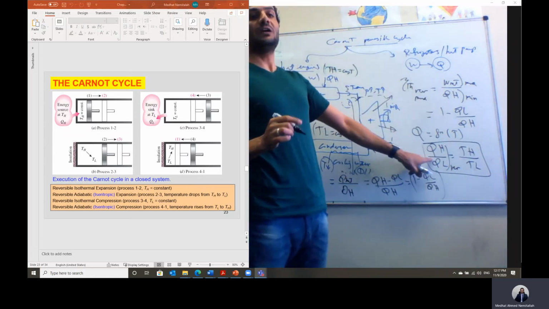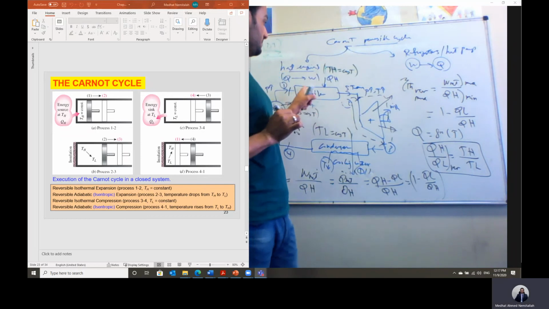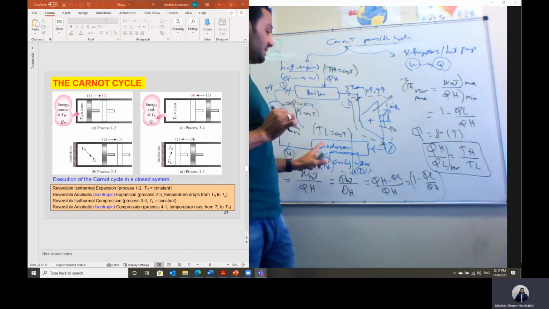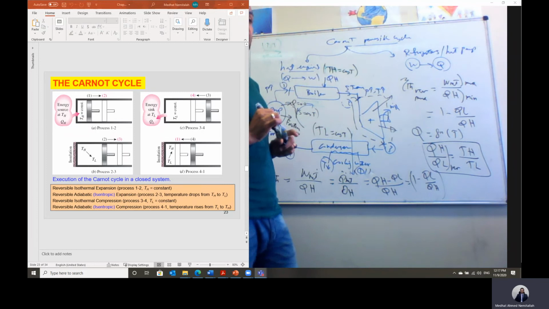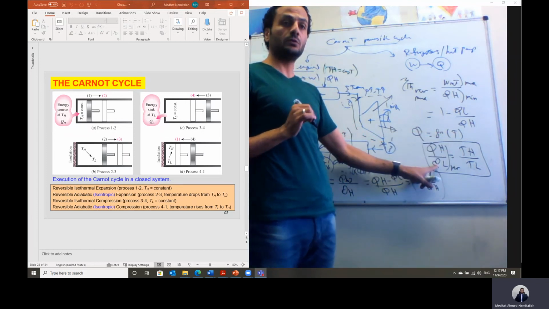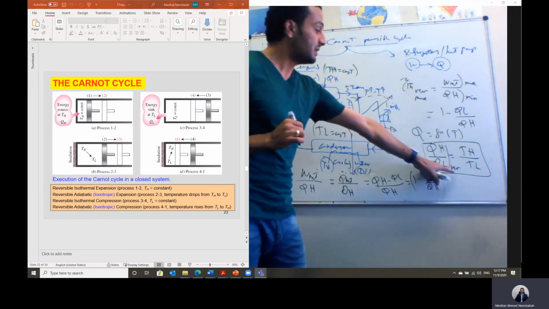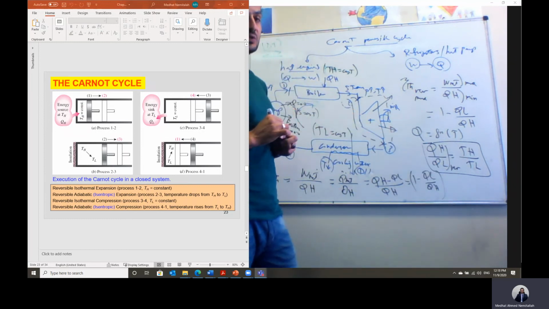But this is only applied for the reversible process, for the Carnot cycle. Because heat is added and rejected under constant temperature, heat is only a function of the temperature. That means Q high over Q low is the same as T high over T low when we have a reversible process.